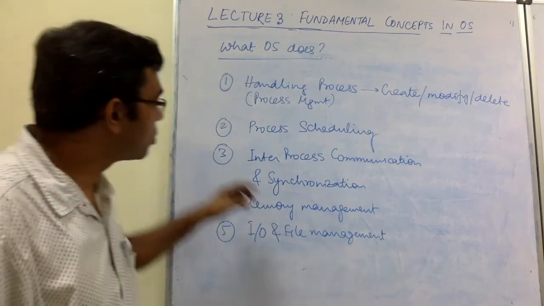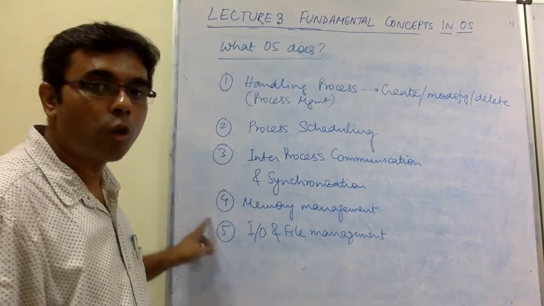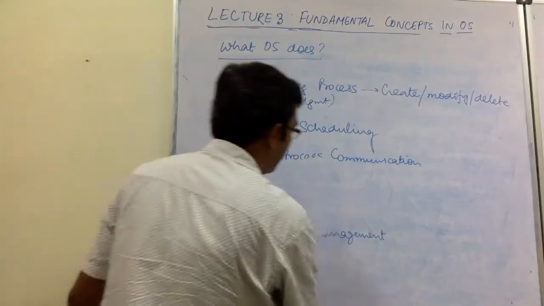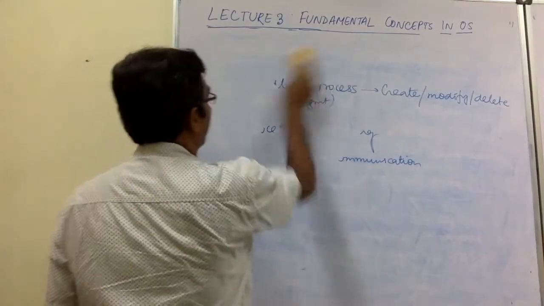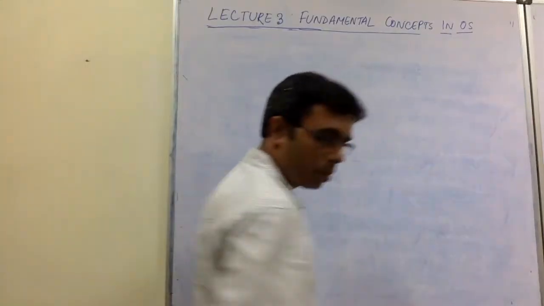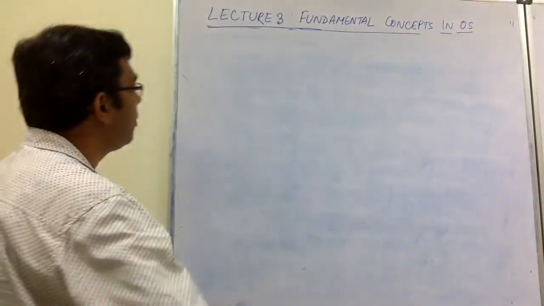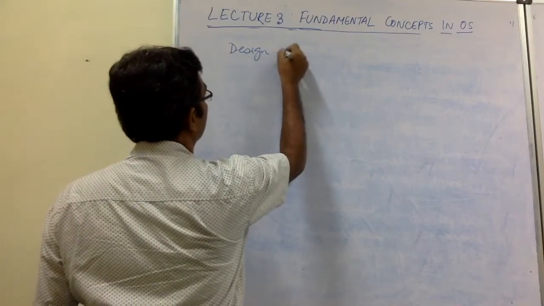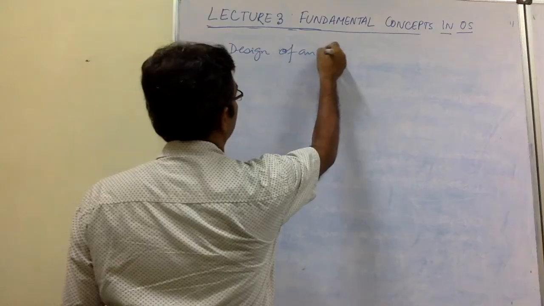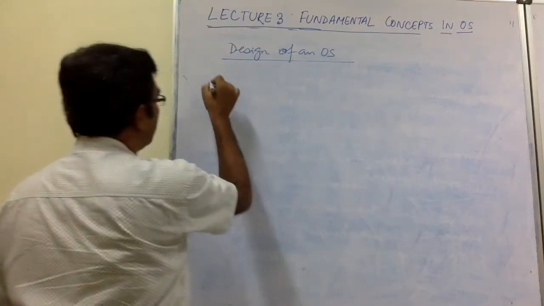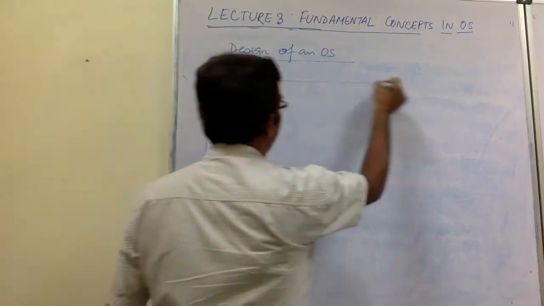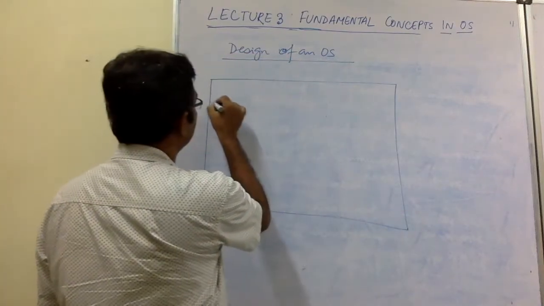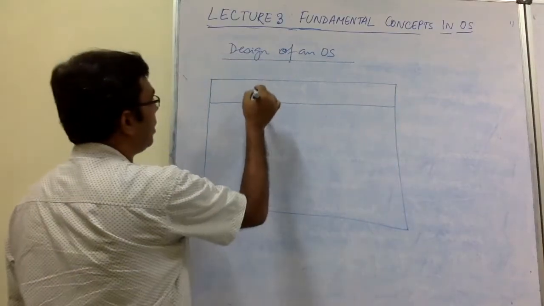So you see, this is the primary job of an operating system. When it comes to deciding how to design an OS, there are some modules that I would like to keep or have to design. Primary among them will be first some kind of an interface.